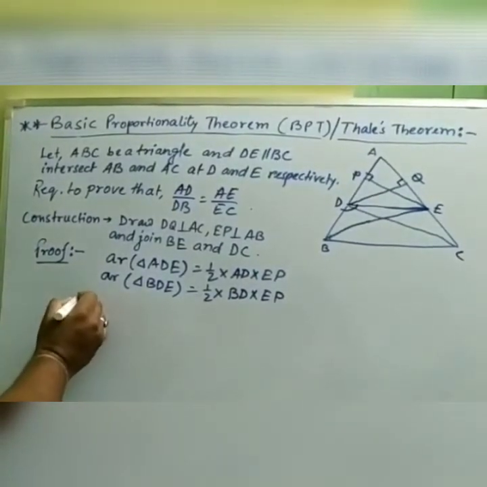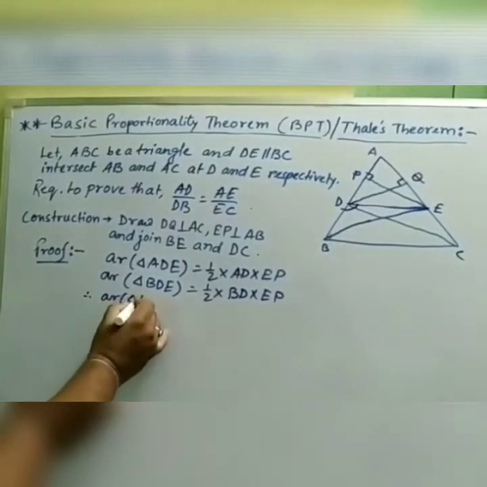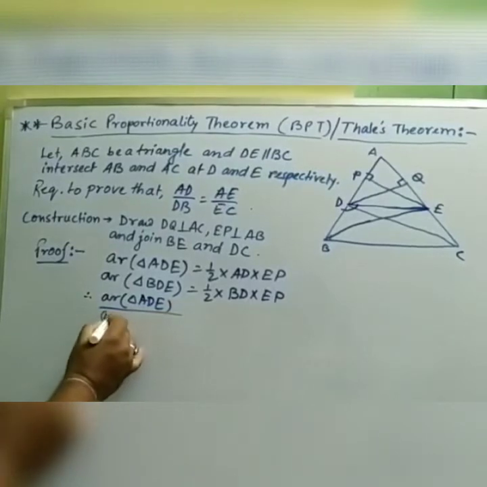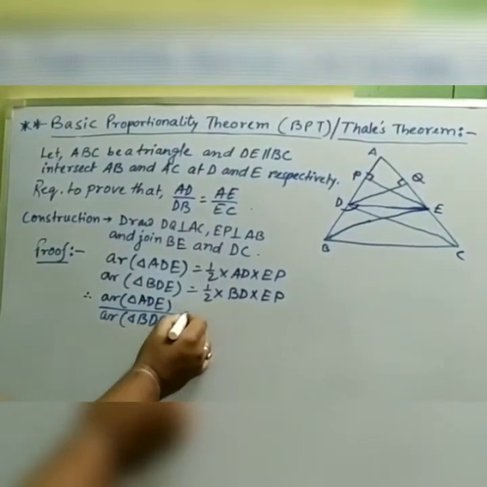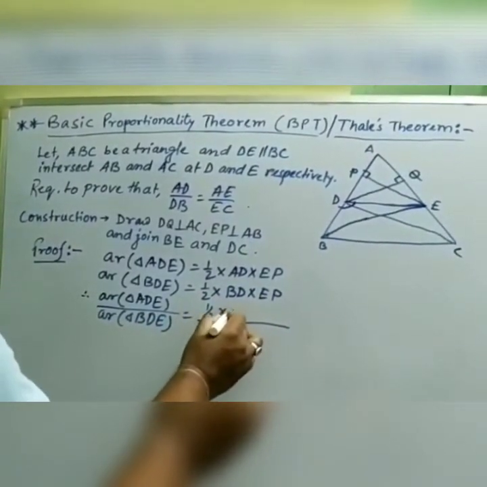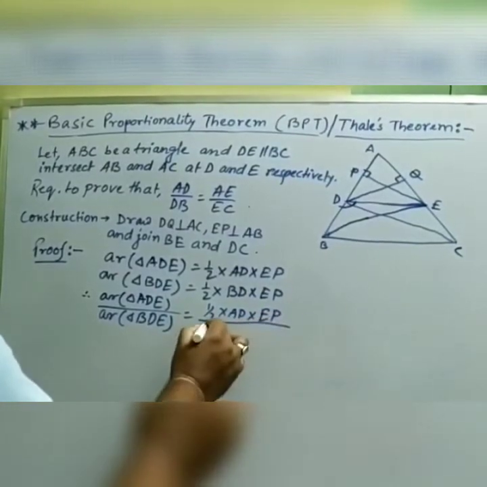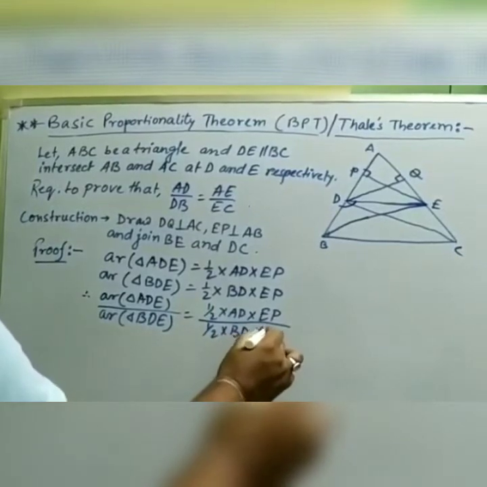Now we'll find the ratio of these two areas. So we are getting area of triangle ADE by area of triangle BDE equals half into AD into EP by half into BD into EP.